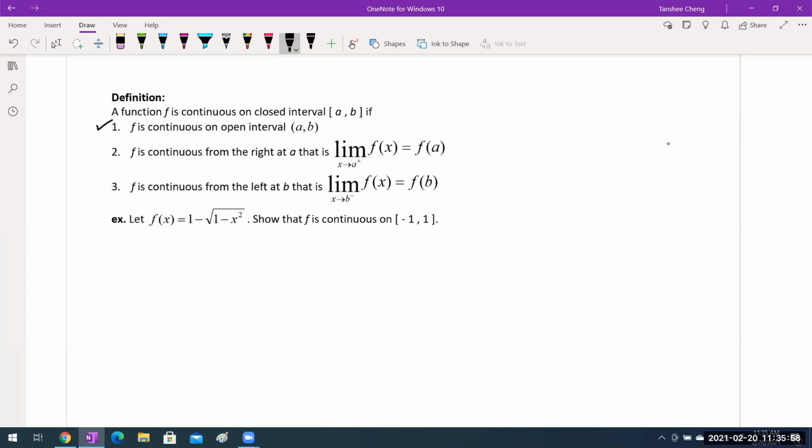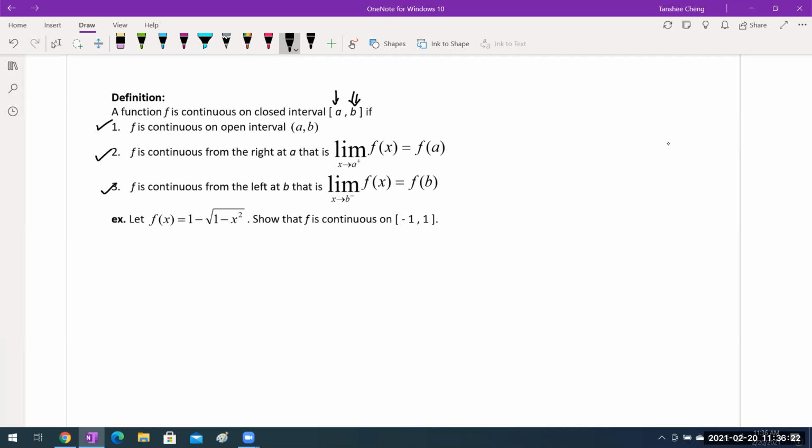For example, we use continuous from the right to show that it is continuous at the left endpoint of the interval. And then we need to use continuous from the left to prove that the right end of the interval is continuous.